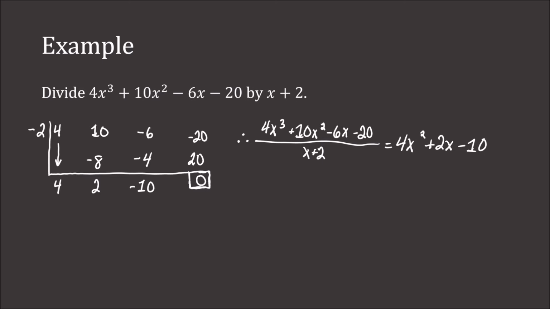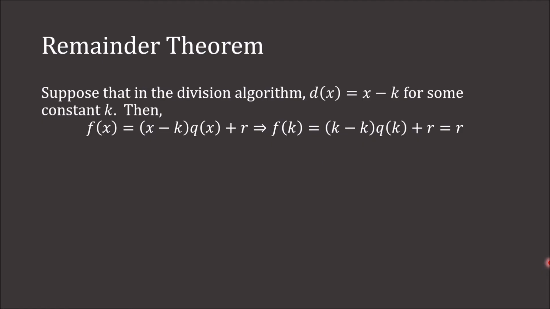We will now begin looking at how we can use this to find the zeros of a polynomial, or the roots of a polynomial. So the first thing we study is called the remainder theorem. The remainder theorem states, suppose that in the division algorithm, d of x is equal to x minus k for some constant k. Then f of x would be x minus k times q of x plus some remainder r.